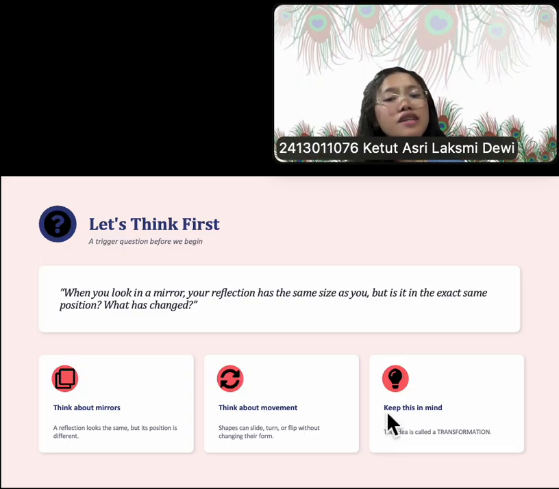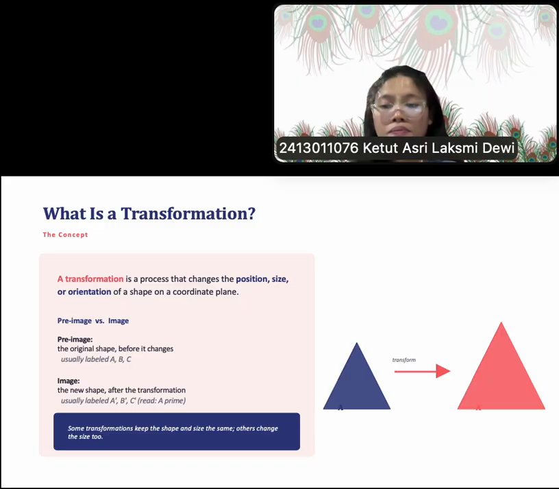The answer is no. Your reflection is flipped and appears on the opposite side of the mirror. This simple idea, a shape changing its position or orientation without changing its size, is exactly what we call a transformation. That is what we are going to learn in this video.